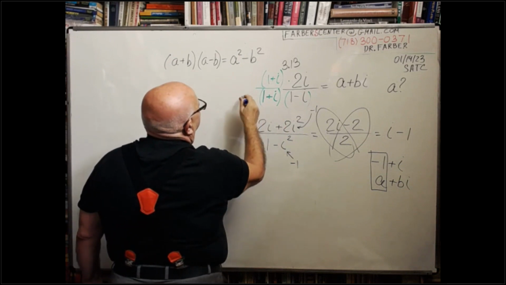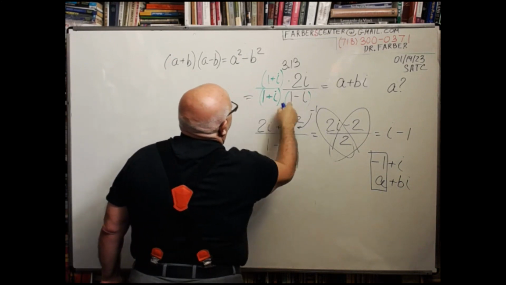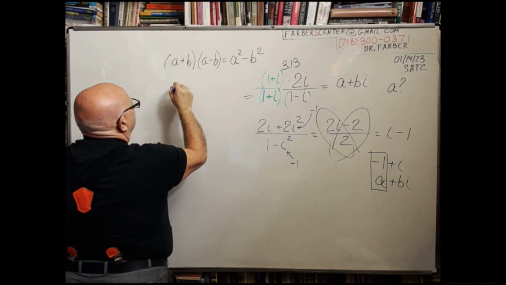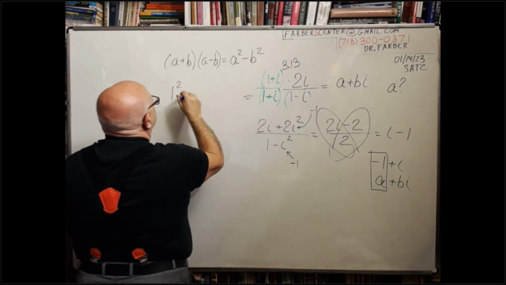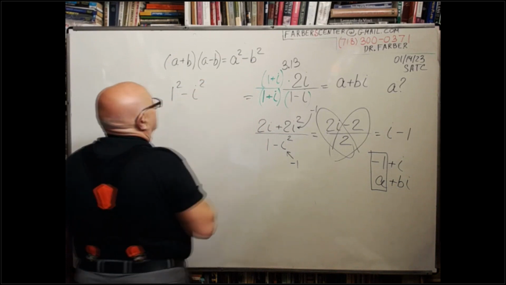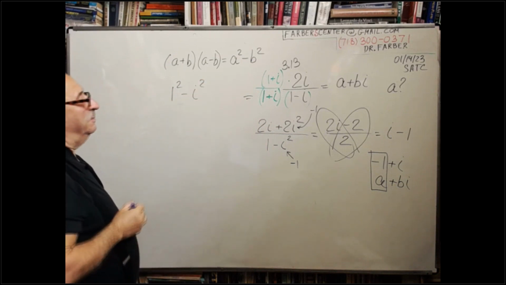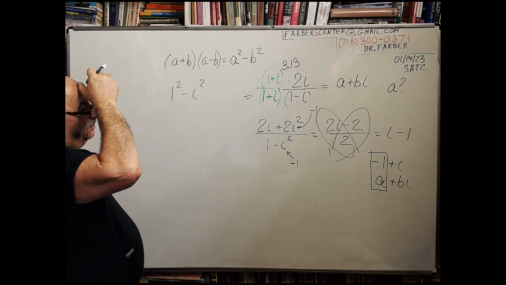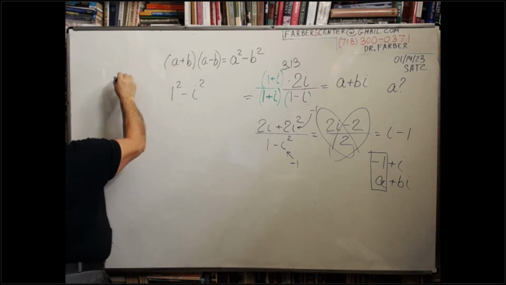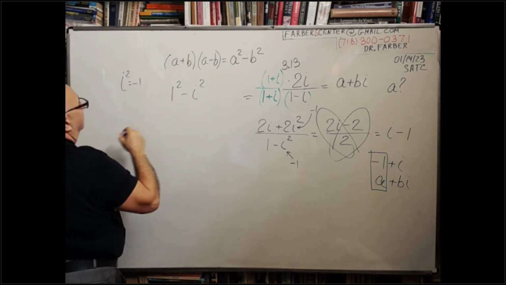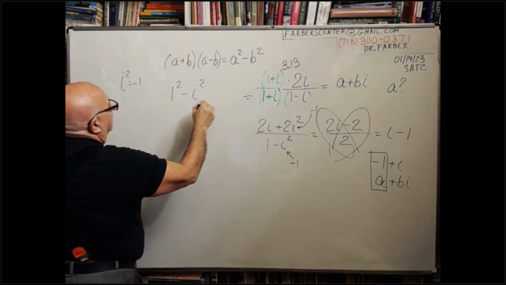When you multiply by the conjugate, you automatically get the same formula, you see? I will write here 1, the first term to the second power, minus the second one. So far, so good? But since i squared, by definition, equals -1, I plug in -1 instead.